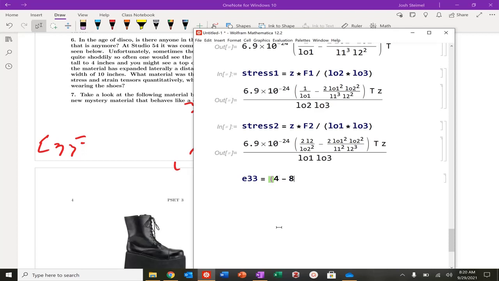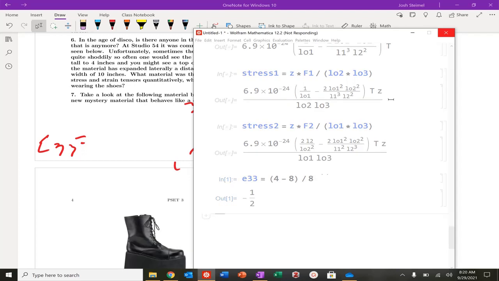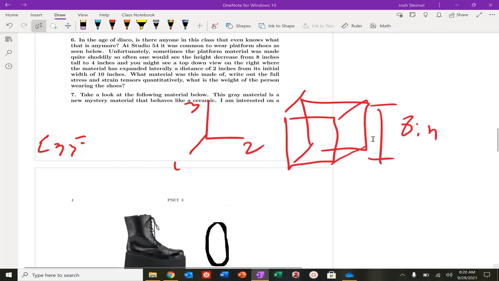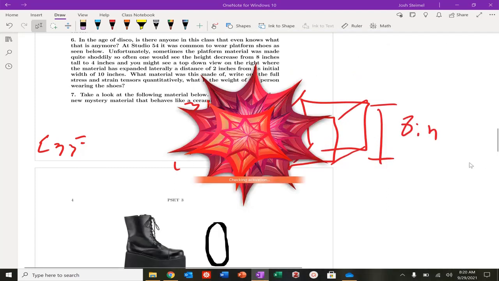Final minus initial divided by initial. So 4 inches here, here. So we get that value. Oh no, not again. Oh, Mathematica, you're letting me down. But anyways, it's okay. We don't need it too badly on this problem.